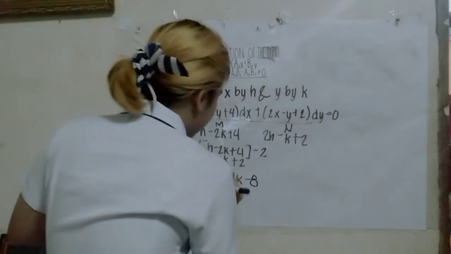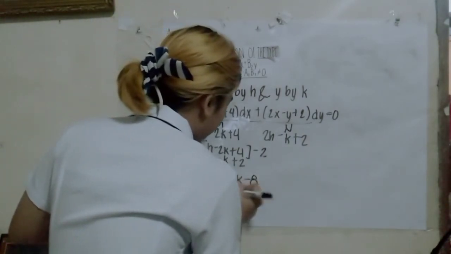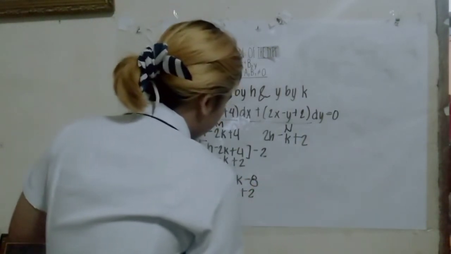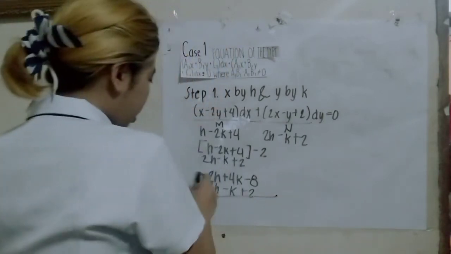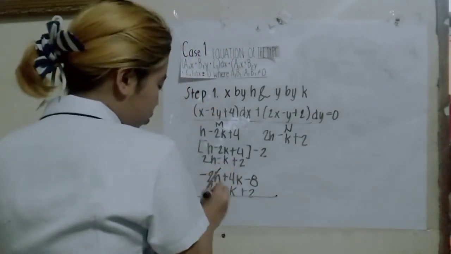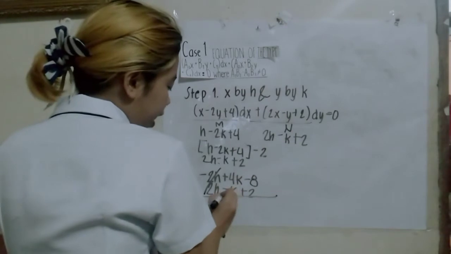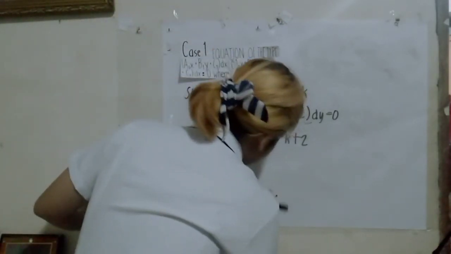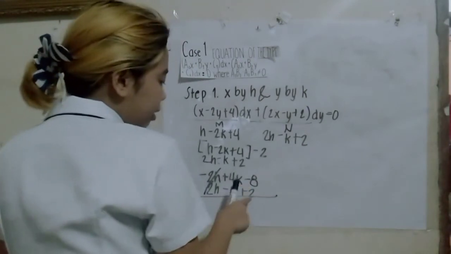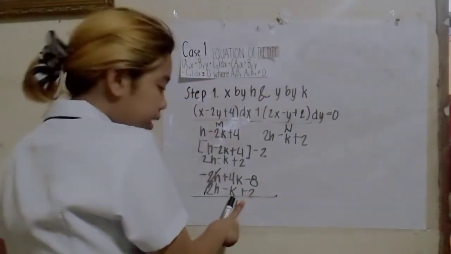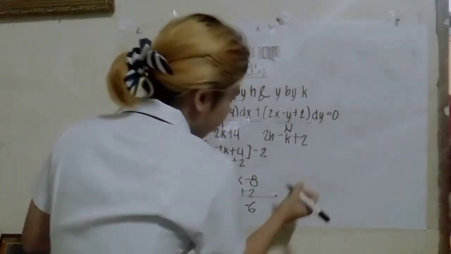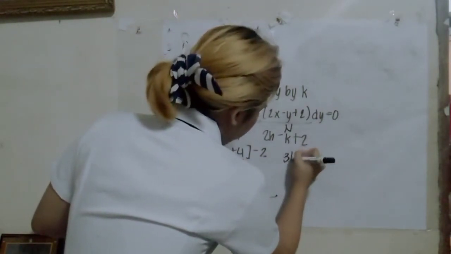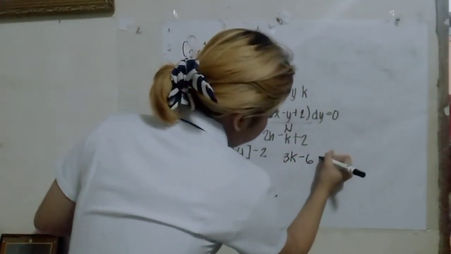Copy lang natin yung nasa baba, 2h minus k plus 2. Cancel na natin si 2h at negative 2h. Positive 4k plus negative k is 3k. Tapos, negative 8 plus 2 magiging negative 6. So, meron tayong 3k minus 6 equals to 0.